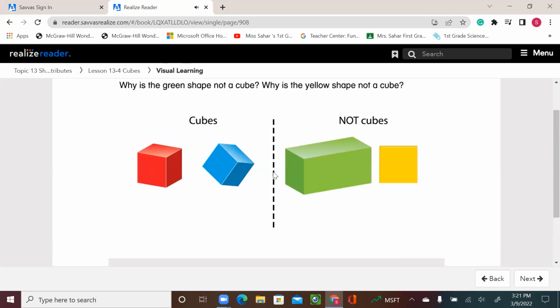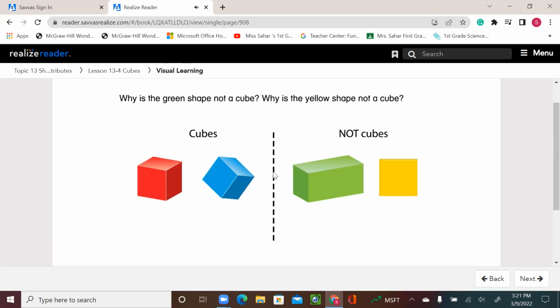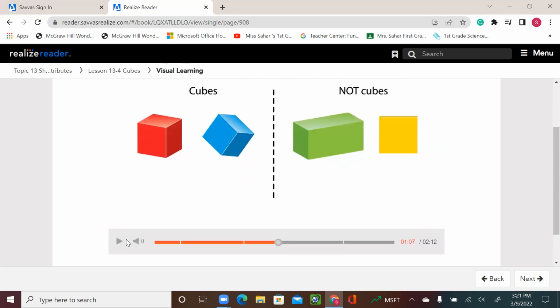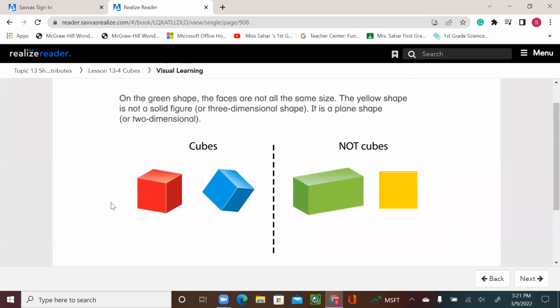Why is the green shape not a cube? Why is the yellow shape not a cube? On the green shape, the faces are not all the same size. The yellow shape is not a solid figure or three-dimensional shape. It is a plane shape or two-dimensional.